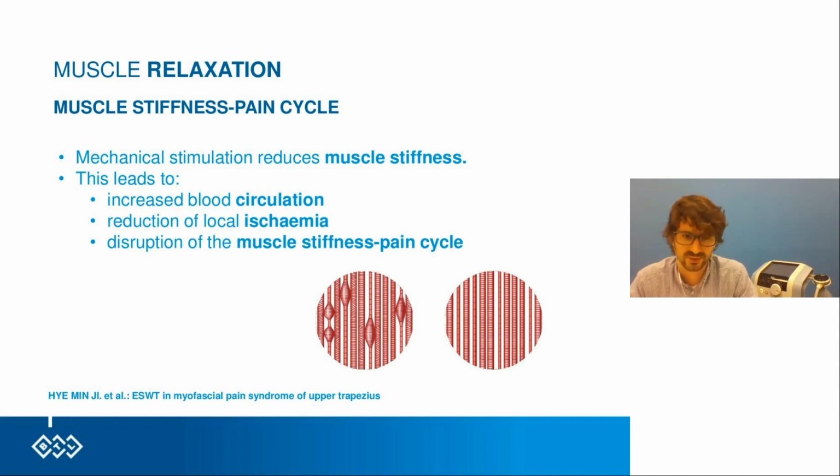This is also explained by something called the muscle stiffness-pain cycle, also called a vicious cycle, where a muscle which is painful gets stiff, and when it gets stiff, it blocks the supply of the blood that is bringing oxygen to the muscle. And when this is blocked, the muscle gets even stiffer, which is even more painful. So it's a cycle which you can disrupt by relaxing these muscles with the mechanical vibration of shockwave.